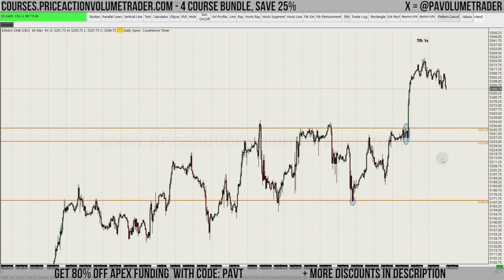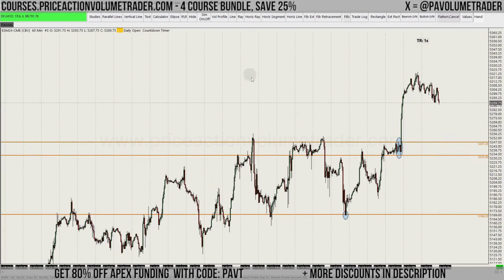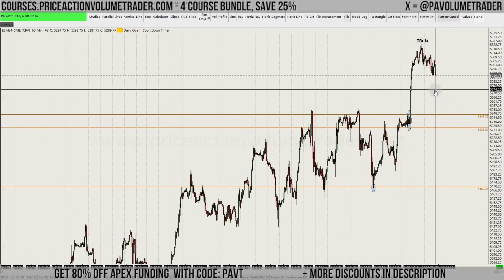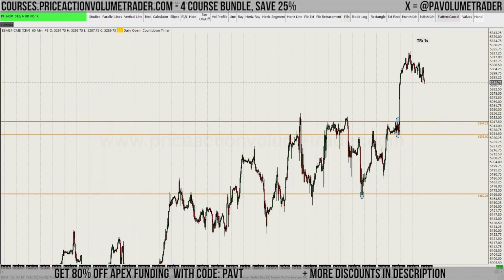So now we are here on Sierra Chart. This is a 1 hour chart. And just to zoom out, we've been making all-time high levels. So pretty much once we had this breakout here, since February 21st, we've had a big run up here for new all-time high levels.